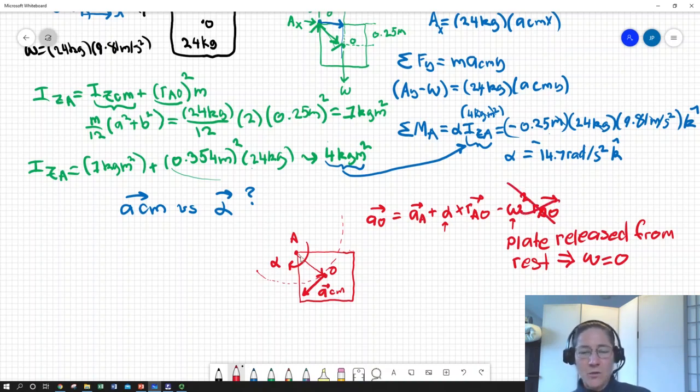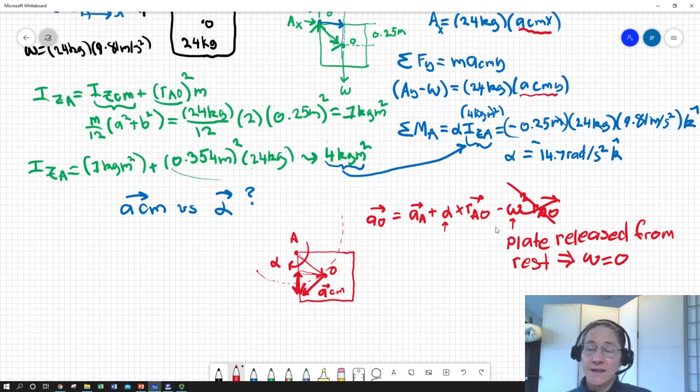And so all we have to do is cross alpha into RAO and then pick up the x and y components of it, and we'll have this component of ACM is ACMX, which we need up here, and this component of it is ACMY, which we need.